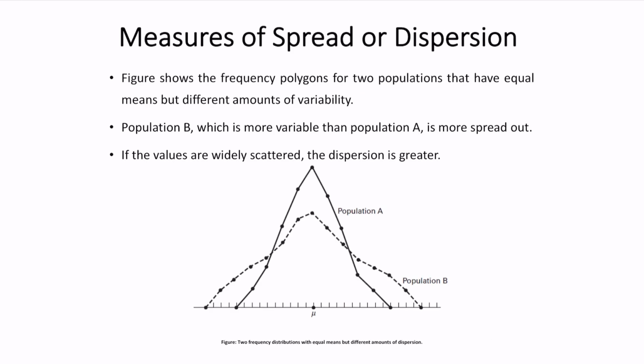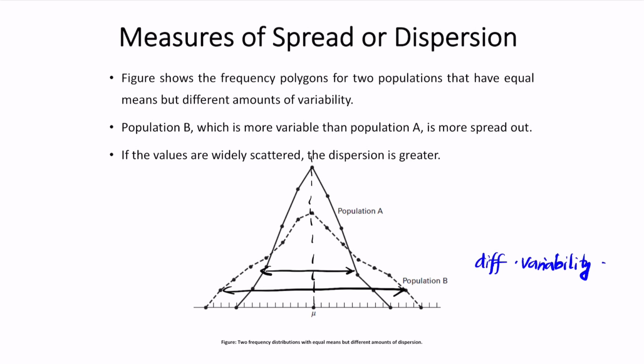The figure that you see here shows the frequency polygons of two populations that have the same mean. Notice that the actual mean of the diagram is the same, but one has a smaller spread and the other has a larger spread. This difference in spread comes because both have different variability.